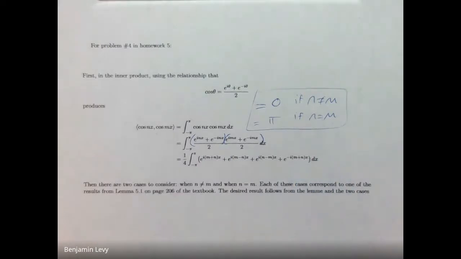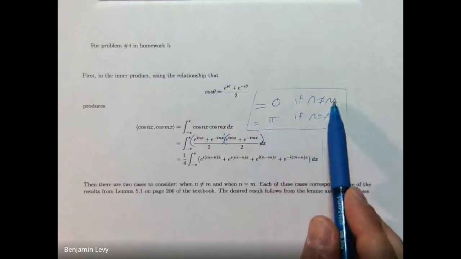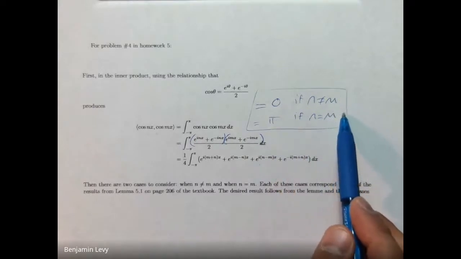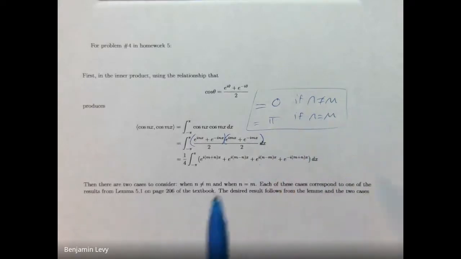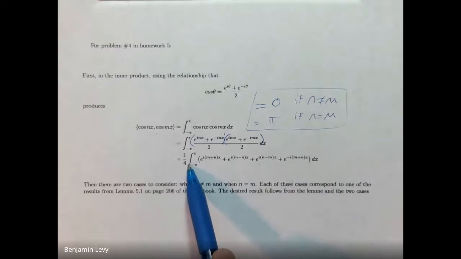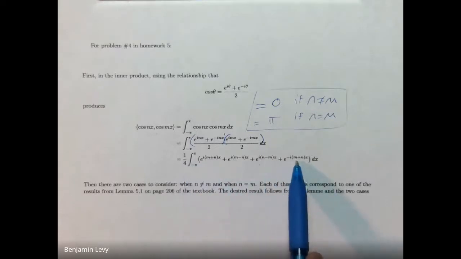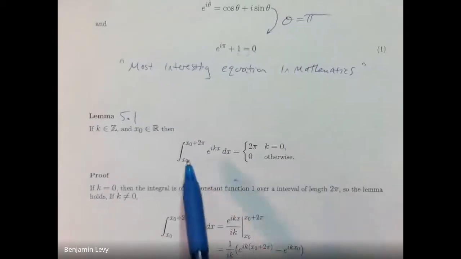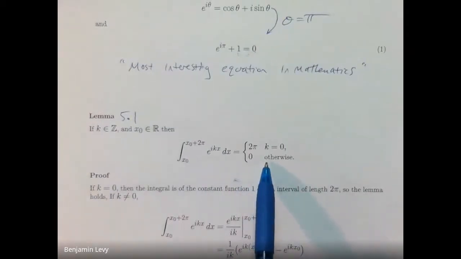And again, we want to show that this thing equals 0 or pi, depending on if n equals m. Let me first start by saying that you've got 4 terms being added together here. It's 4 different e terms. And so you can break this integral up into each one of those things separately. And then for each one of those, you can just use this theorem to tell what happens.